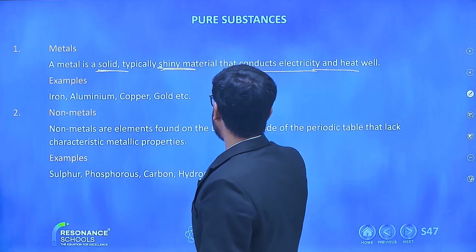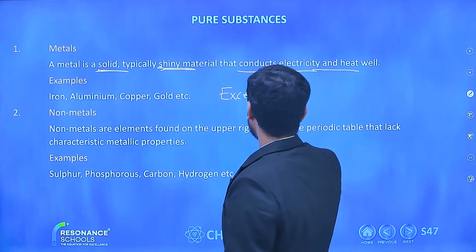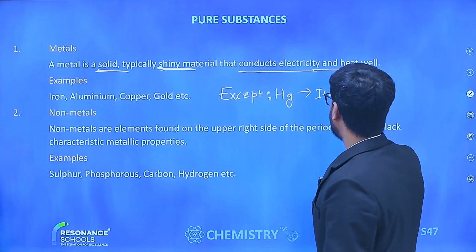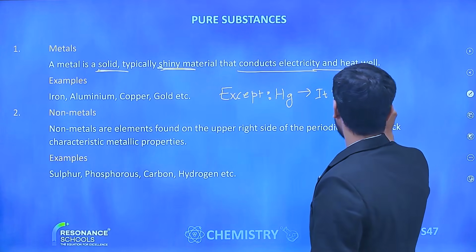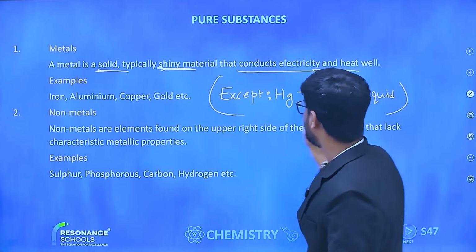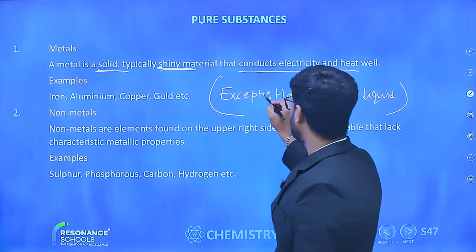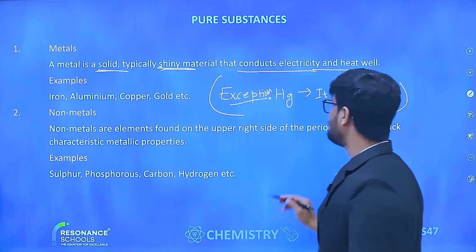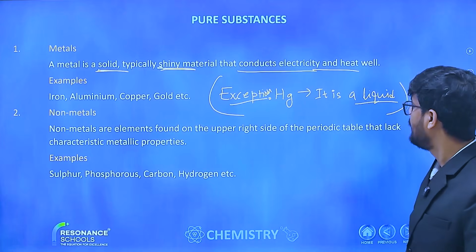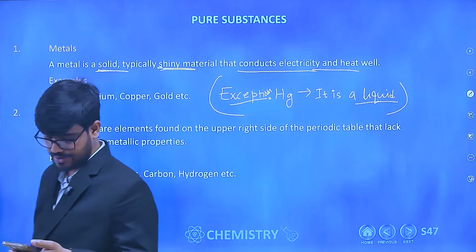Within bracket, except mercury. Mercury is a liquid. Just write exception within bracket. It is a liquid, but other properties will be there. One exception is there, mercury is liquid.